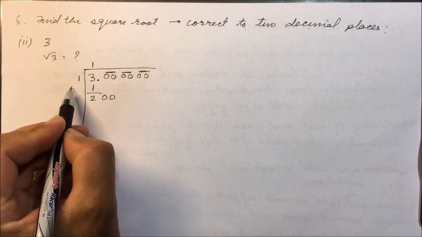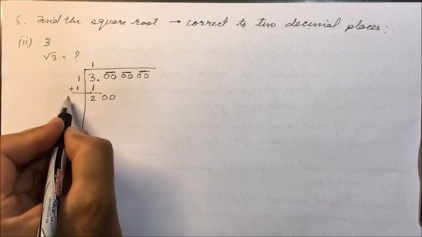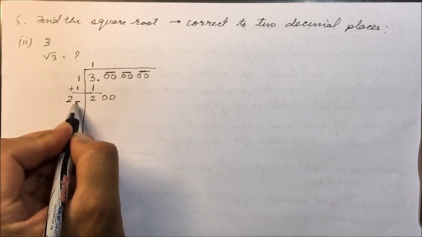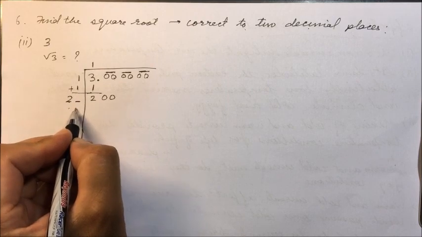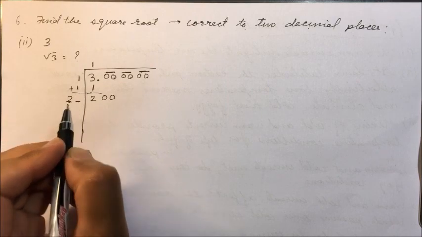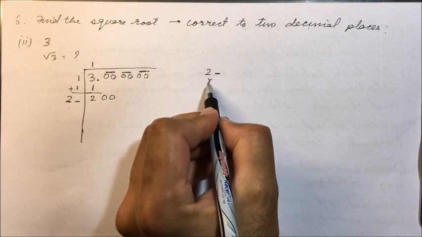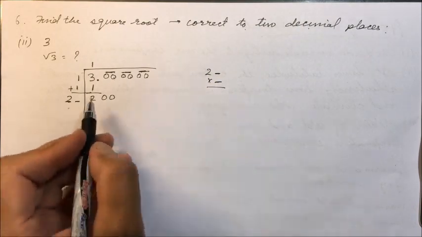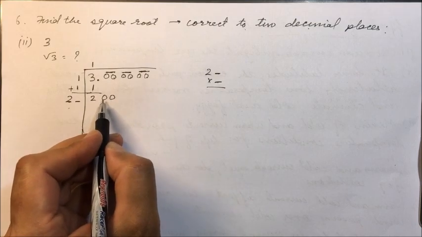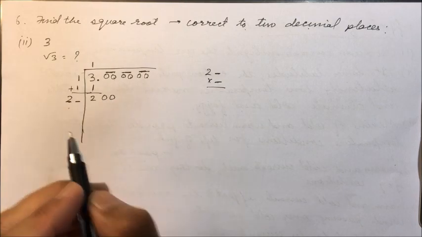Now here we will be adding 1. It will be 2, and here we have to define the digit such that 2 into the digit into the same digit gives a number that does not exceed 200. So here we can check.